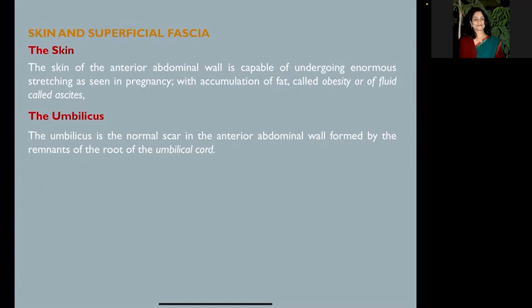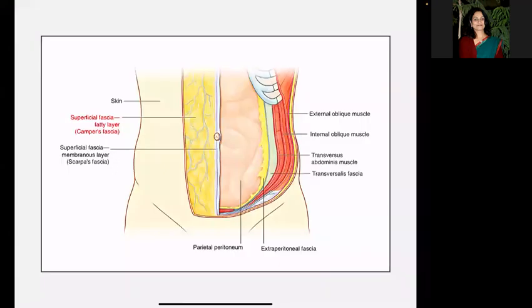Then one of the important structures present on the skin in the anterior abdominal wall is a scar. A scar in the midline of the anterior abdominal wall is called the umbilicus, which is formed by the cicatrized fetal end of the umbilical cord.